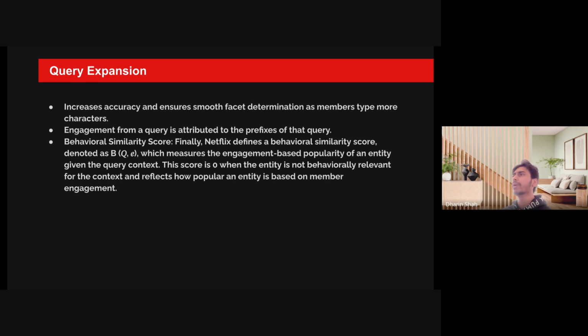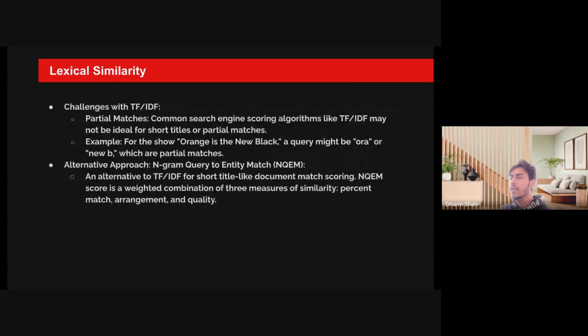So Netflix implements a simple query expansion method, and engagement from a query is attributed to the prefix of the query. For instance, engagement with the "anim" output would be attributed back to the "anim" prefix. All of these are fundamental aspects of the system that's being built.